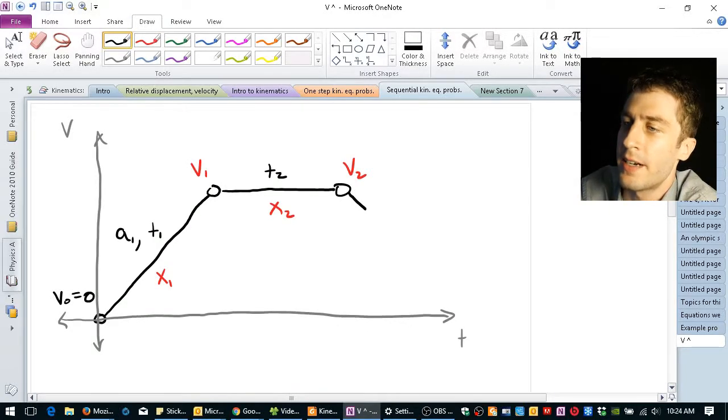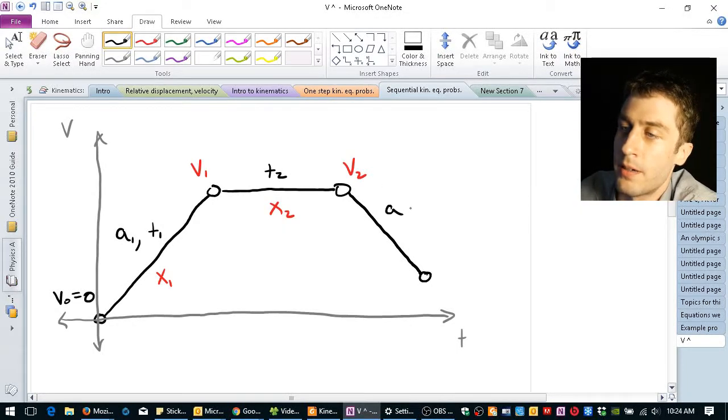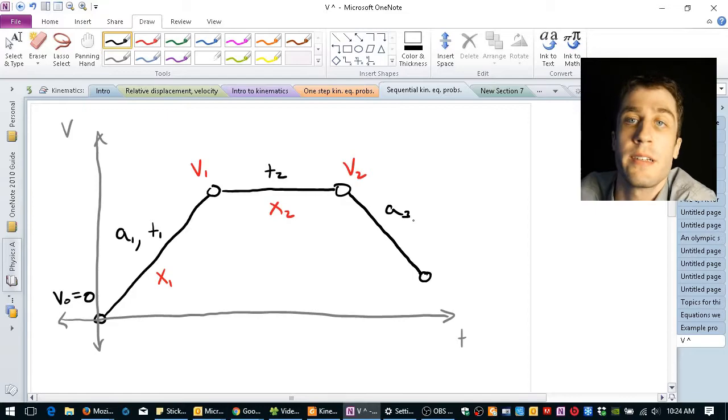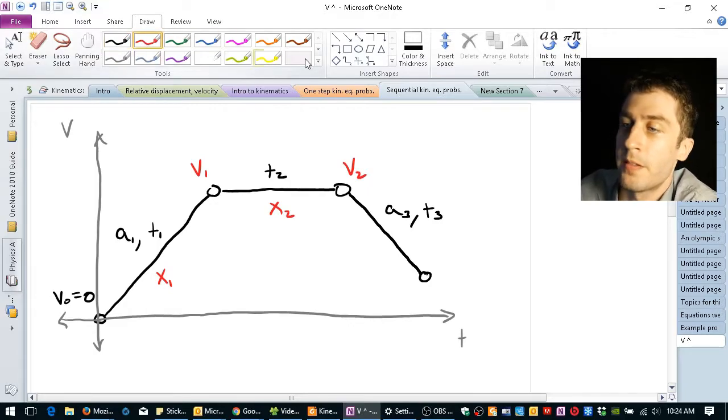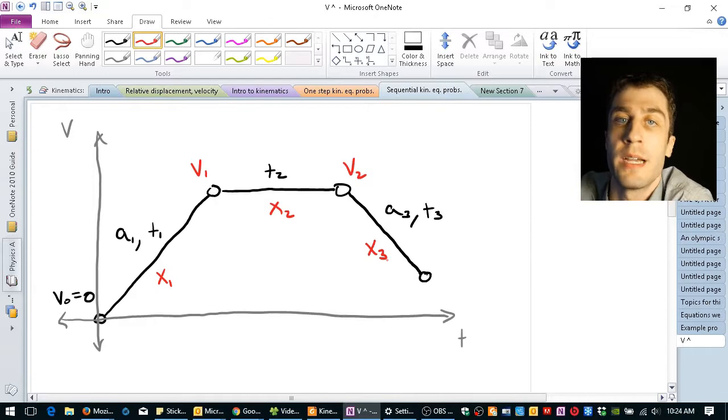After that, it decelerates, or has a negative acceleration for a known time interval. So it has acceleration a3. That covers time interval t3. Those are both known. What is unknown is the displacement over this time interval, x3, and the final velocity, v3.